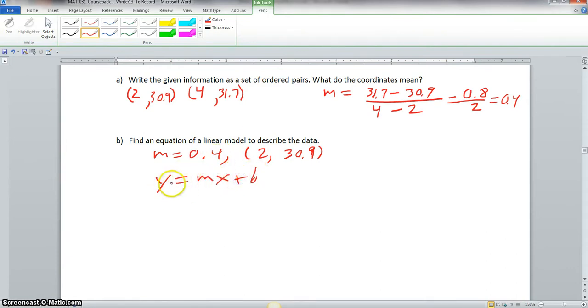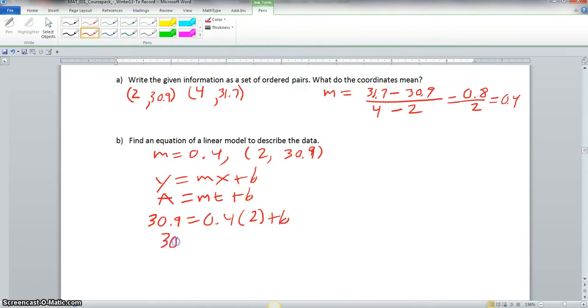But remember, we're using a and t now, so y will be replaced with a, m will stay m, and x will be replaced with t. Okay, now we substitute. a is our y, so it'll be 30.9 is equal to our slope 0.4 times our t, which is 2, because that represents x, plus b.